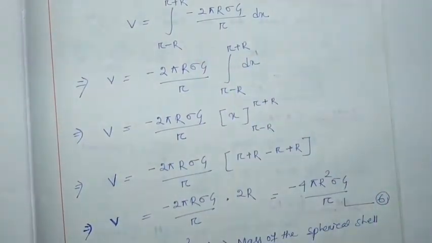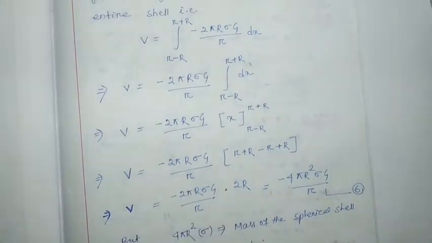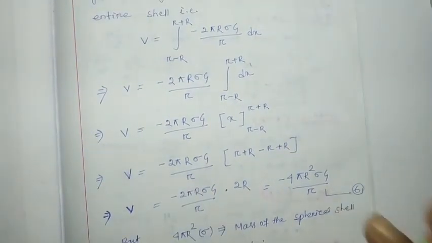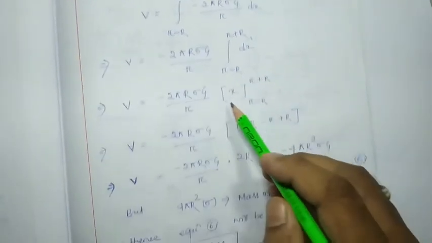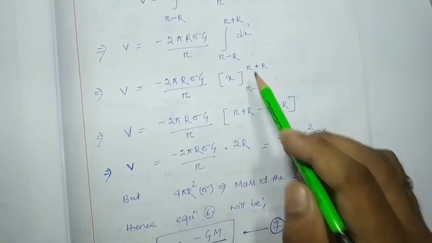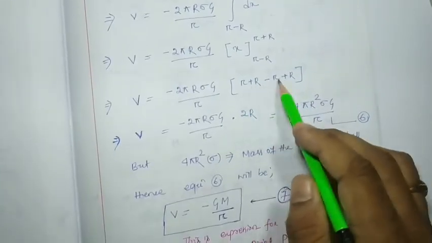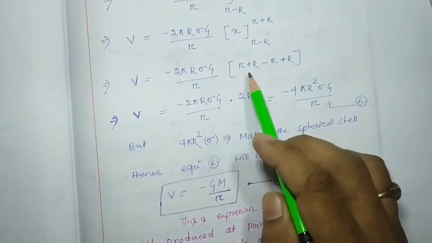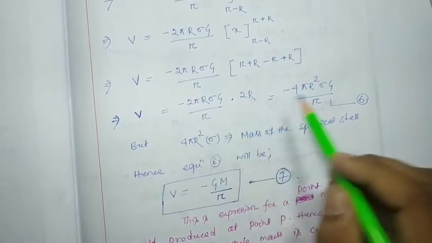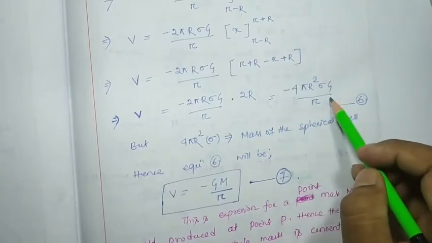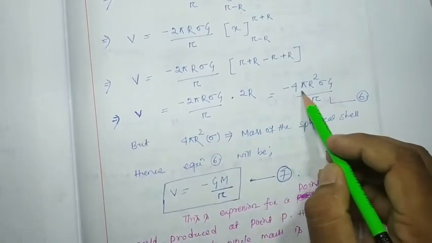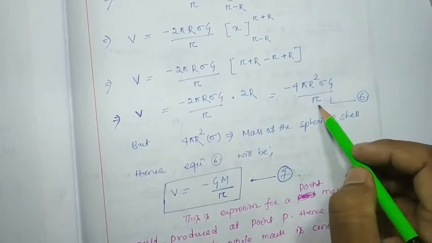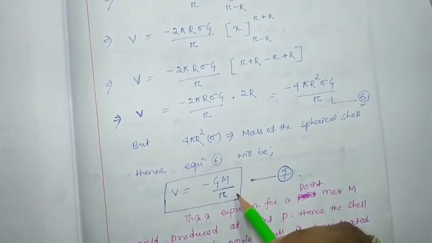That's it. Now you have to integrate, and whatever answer you get will be the potential. So dx means x, upper limit r plus R, lower limit r minus R. You just have to put in the upper limit and lower limit. So it will be 2R, and finally we found the potential will be minus 4 pi R square sigma G by small r. Let this be your equation number 6.